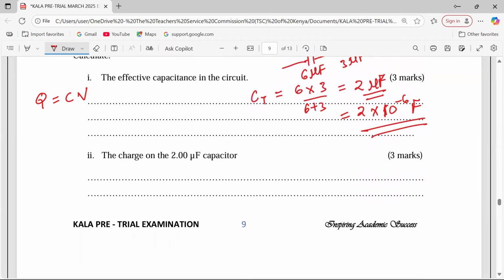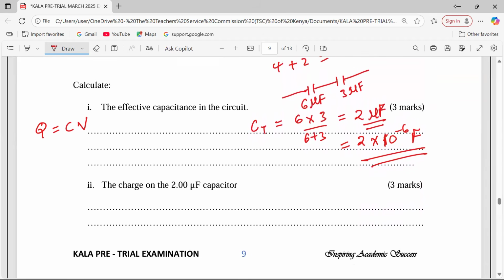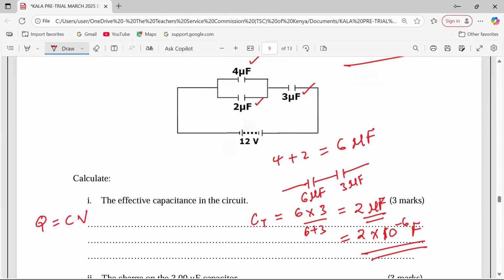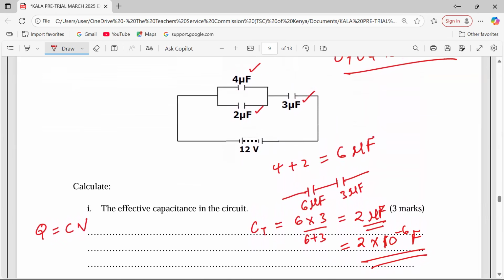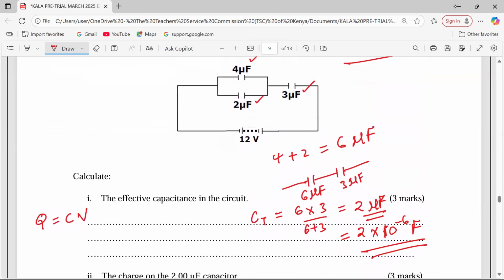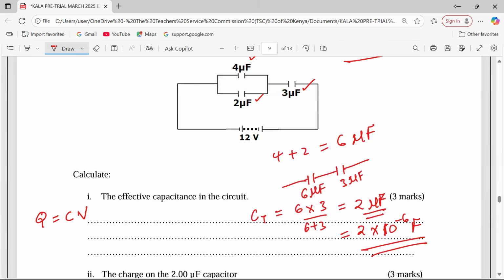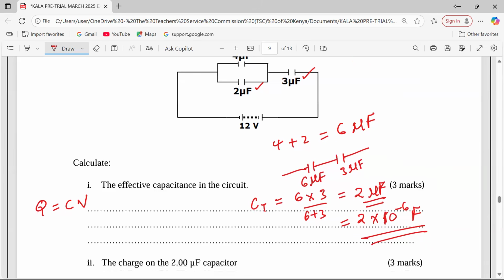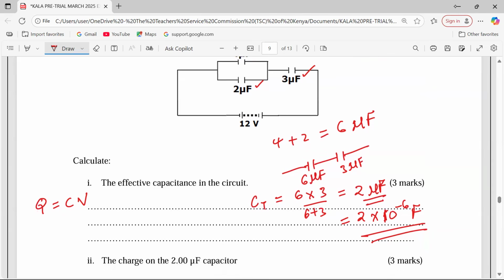And charge behaves like current, because the rate of flow of charge is what we call electric current. So we have the effective capacitance, and we can get the charge in this system.